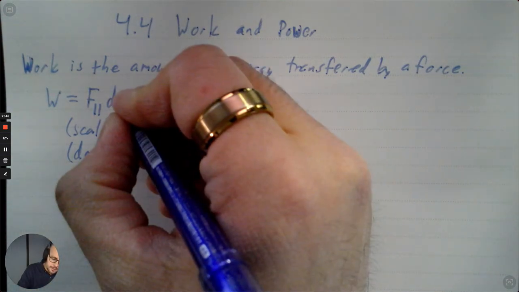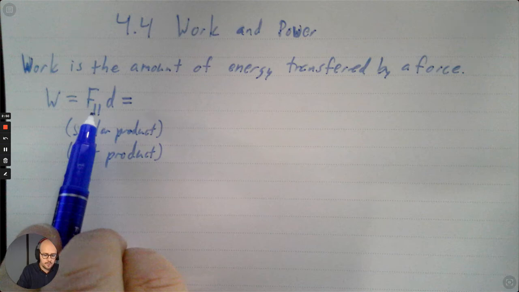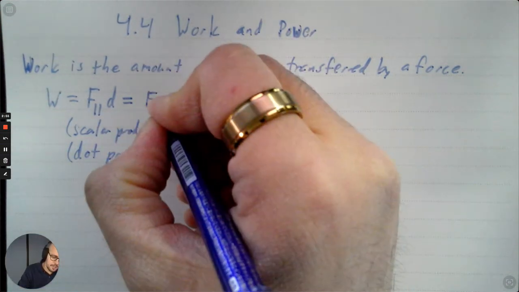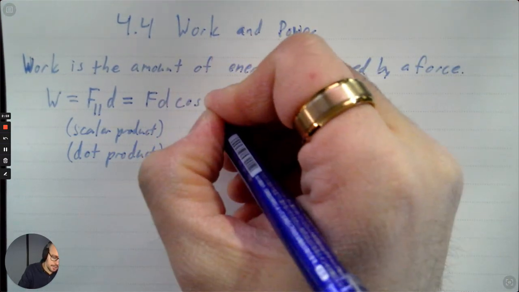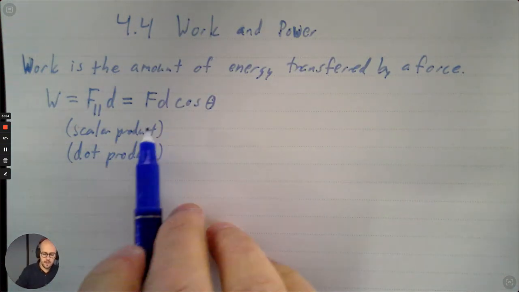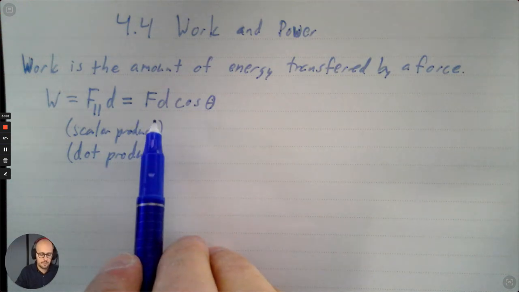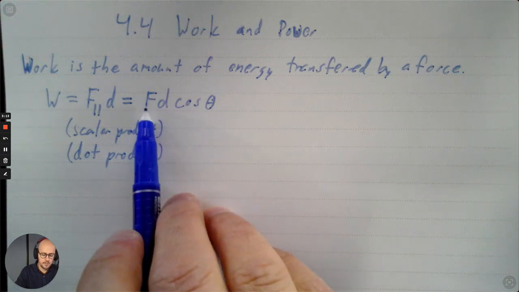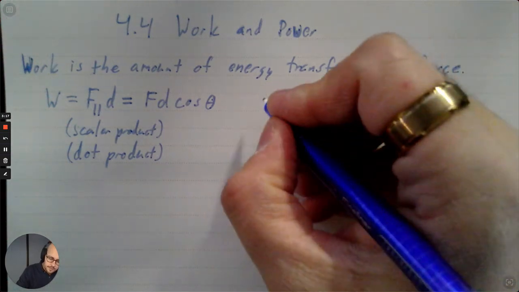Anyway, the way that we deal with a dot product in an algebraic physics class is to say, well, we can just multiply the force by the displacement and put in cosine theta, where theta is the angle between the force and the displacement. Okay, so that's, I'll show you some examples of this, but that's kind of the main idea, is that if we put in this cosine theta, we actually are calculating the amount of force that's parallel to the displacement.